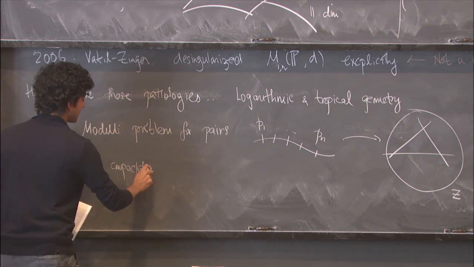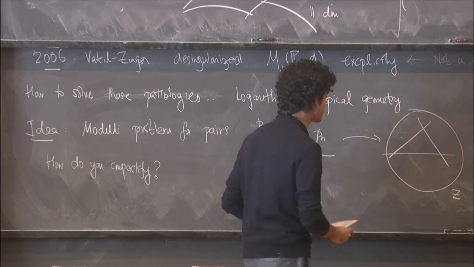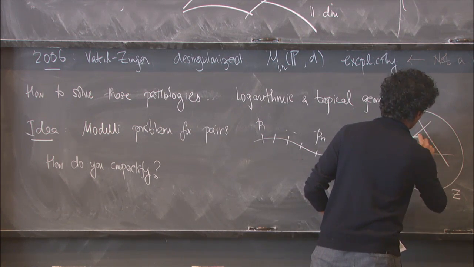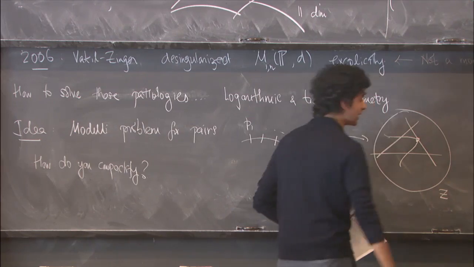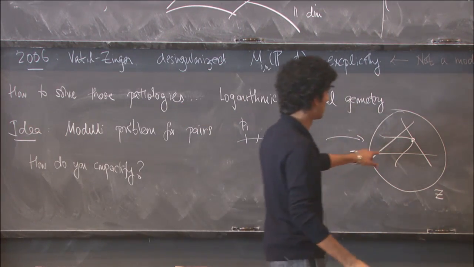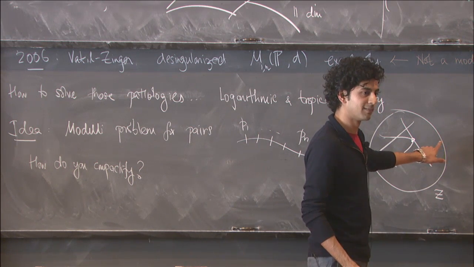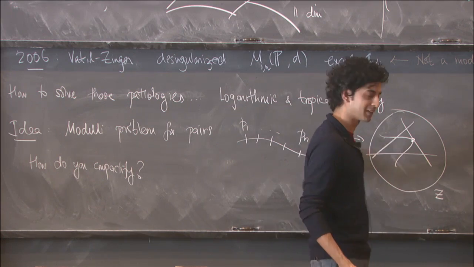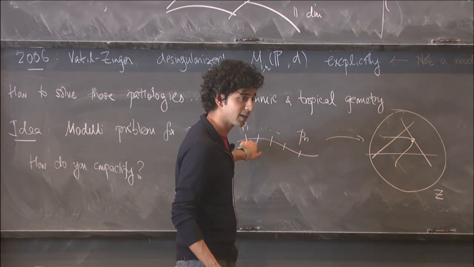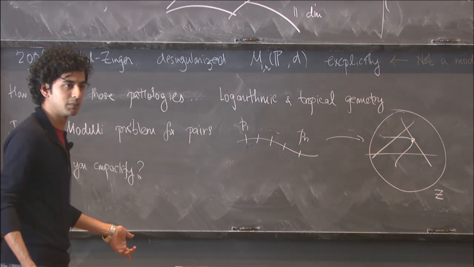Right, so let's just convince ourselves that this is not a proper moduli problem. For instance, a thing that I could ask here is a tangency of a curve to a boundary divisor at a fixed point. Well, what happens when this curve falls into the boundary? What if I have a component that carries this marked point, let's say P1, and it actually falls into the boundary divisor? I don't know what it means to be tangent anymore.